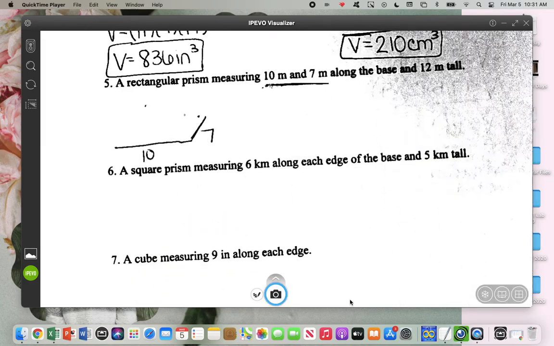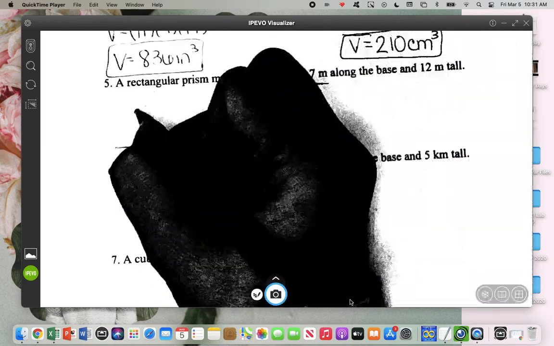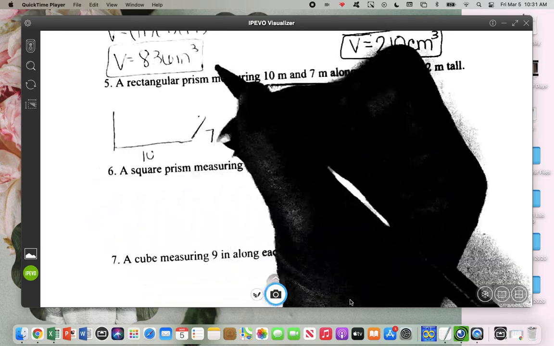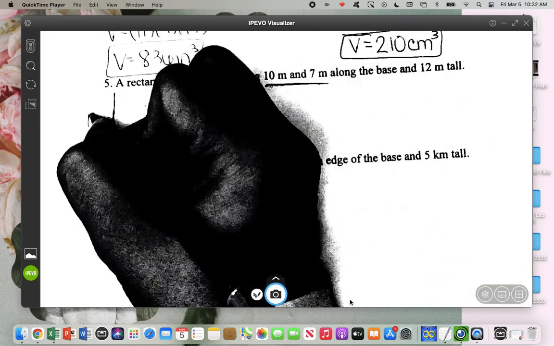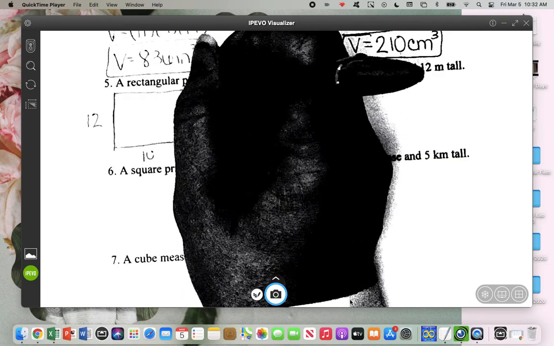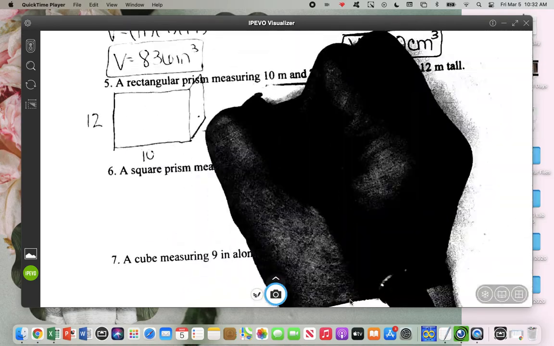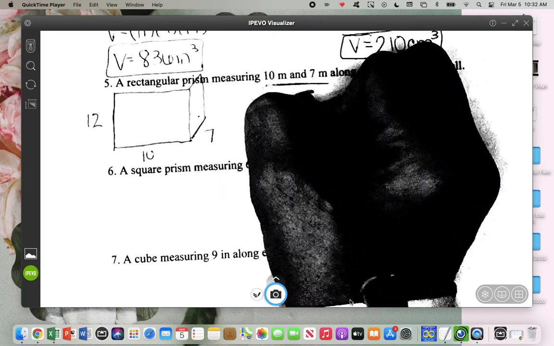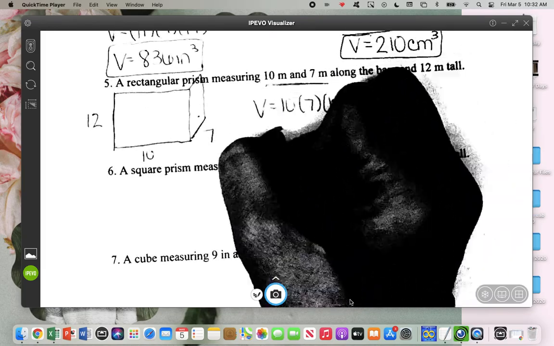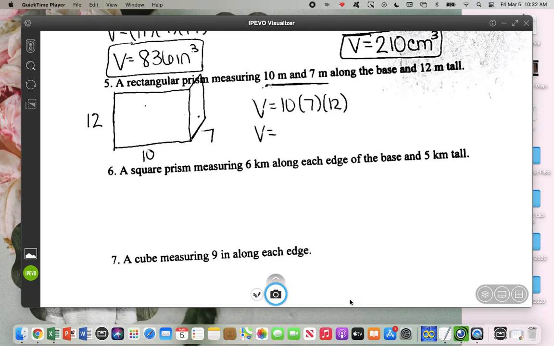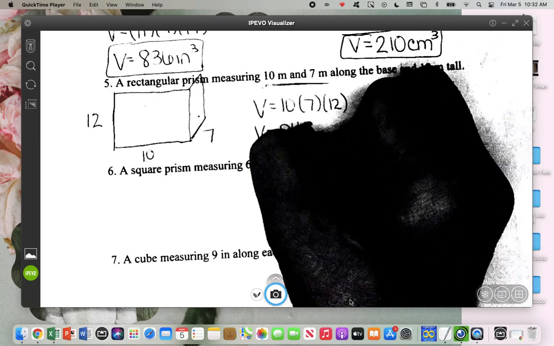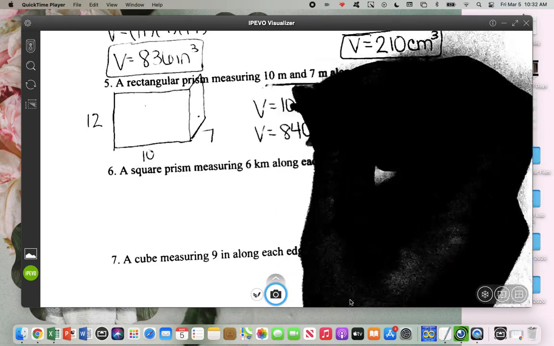And then it's going to be 12 meters tall. So it's actually going to be a little bit taller than it is wide. I probably didn't draw that to scale because I'm running out of space. So if you take 10 times 7 times 12, what do we get? 840, and my label is meters cubed.